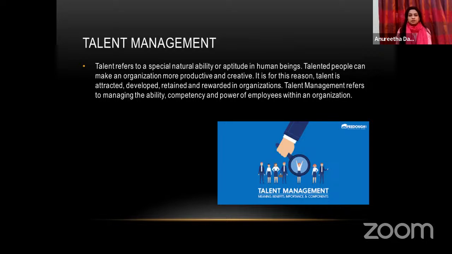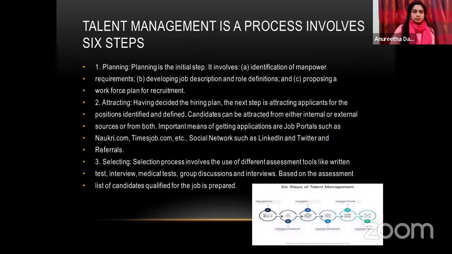Talent management refers to managing the ability, competency, and power of employees within an organization. Talent management is a process that involves 6 steps, right? What are those 6 steps? The first step is planning. I think we've been learning about planning since the beginning.